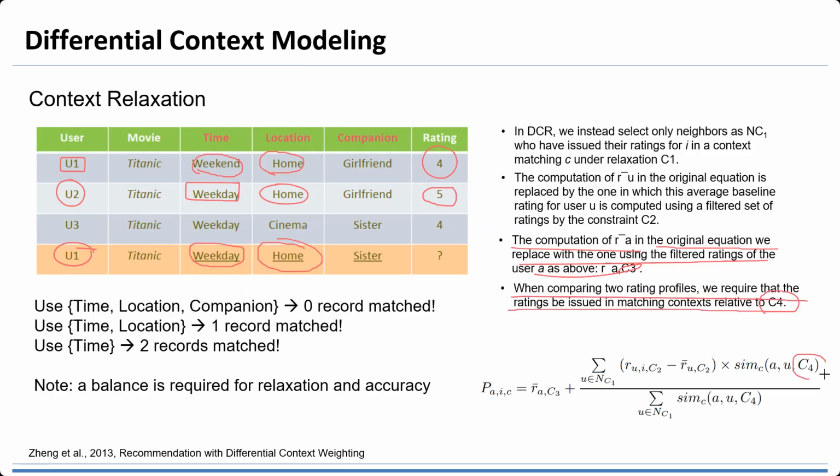So relative to the C4 means relative to this one. So for every one of these, it will be based on the subset that you have in the data.